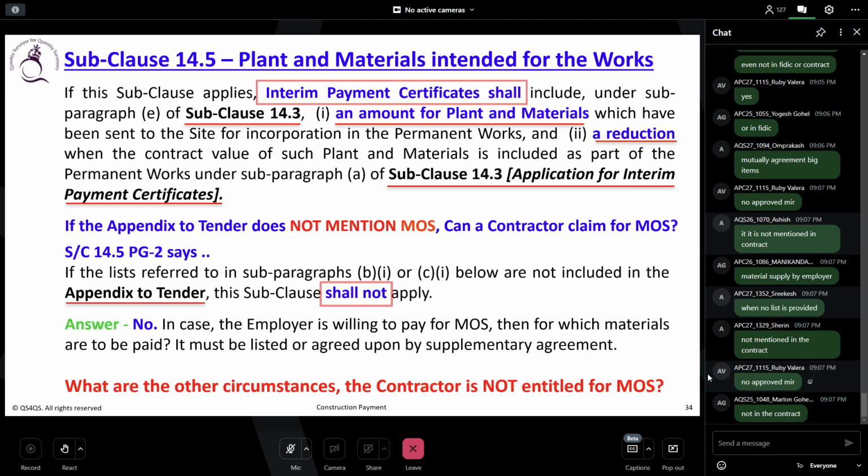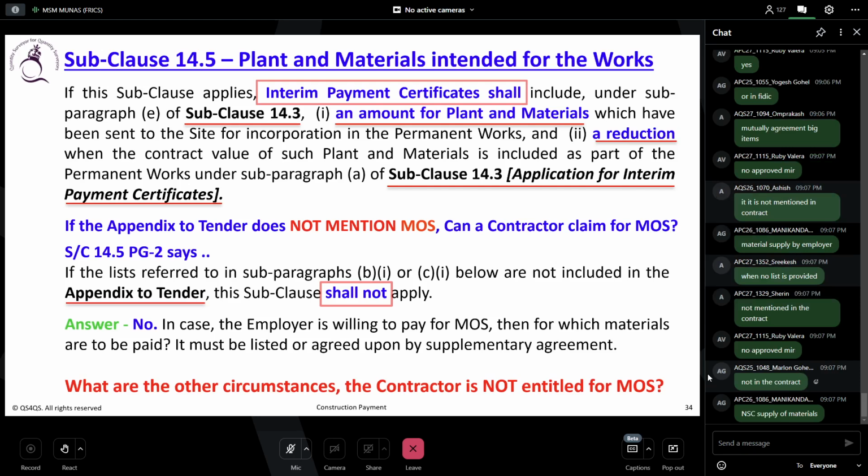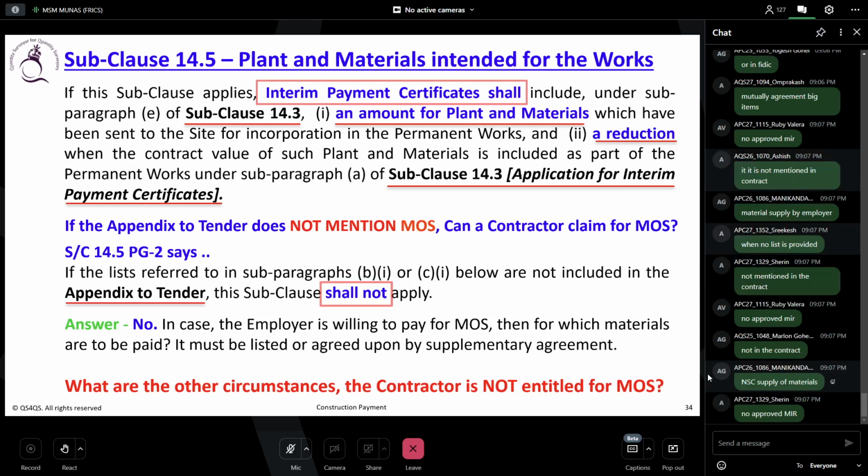If you go to subclause 14.4, it's a different direction. You try to understand. It's a schedule of payment.